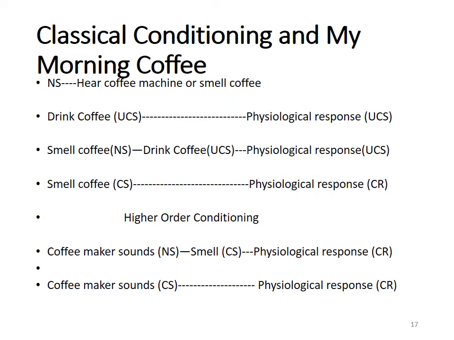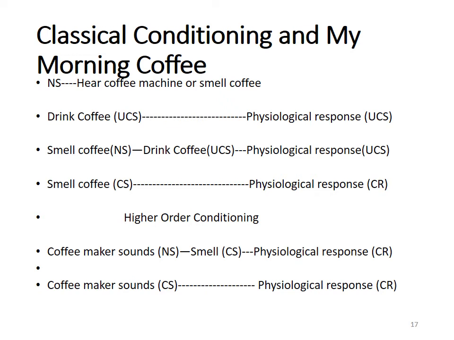So here's how classical conditioning works under those conditions. I drink a cup of coffee and I have a physiological response. We know that part is true. Next, I'm going to smell coffee and then drink the coffee, and then I have the physiological response. So there are several pairings: smell coffee, drink coffee, smell coffee, drink coffee.